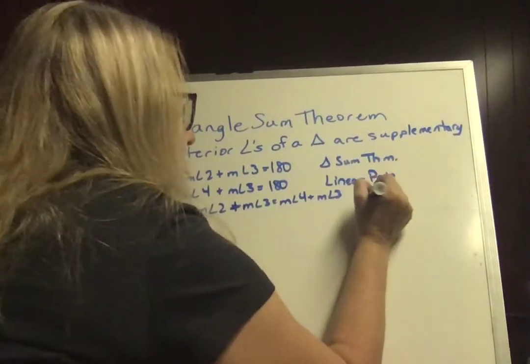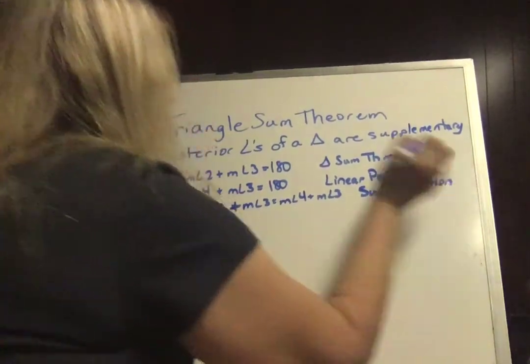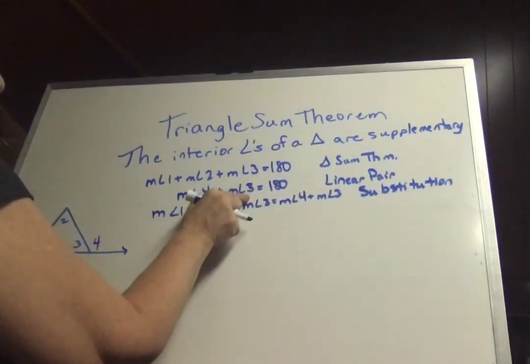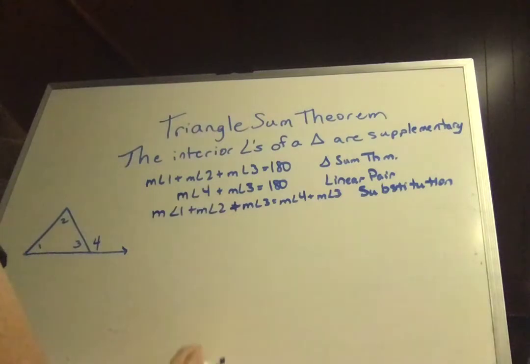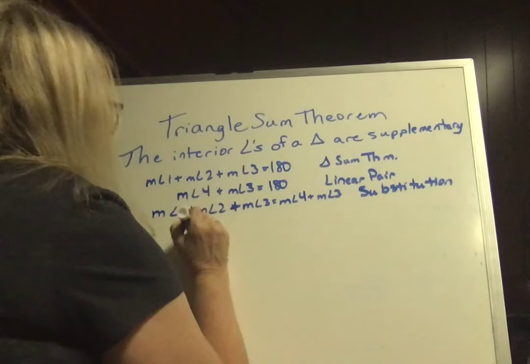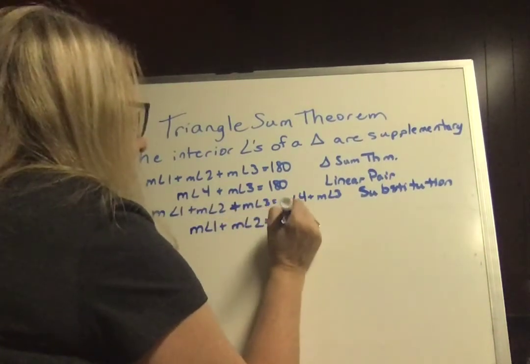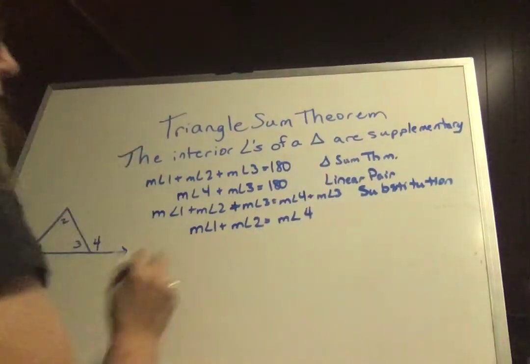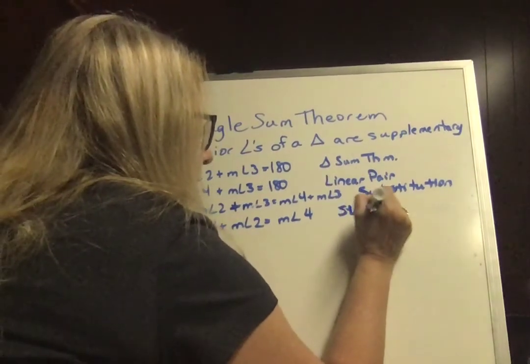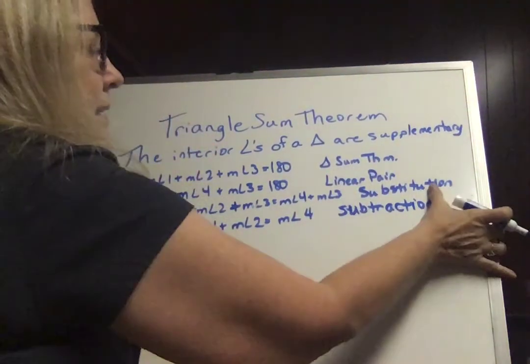We substituted: instead of this 180, we replaced it with measure of angle 4 plus measure of angle 3. Okay, next thing to notice, they both have measure of angle 3. So measure of angle 1 plus measure of angle 2 equals measure of angle 4 because we subtracted measure of angle 3 from both sides.